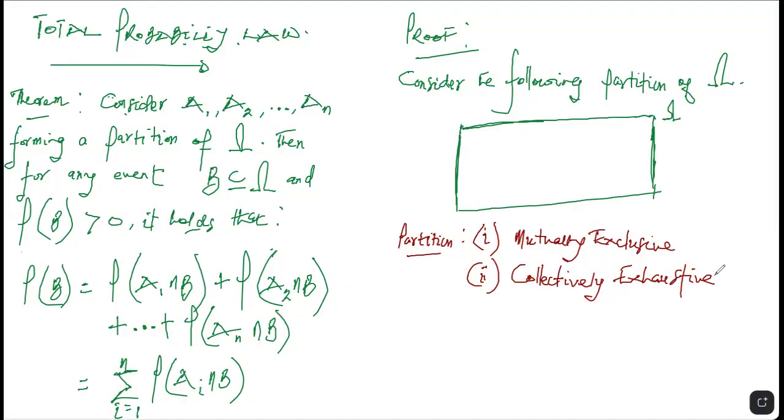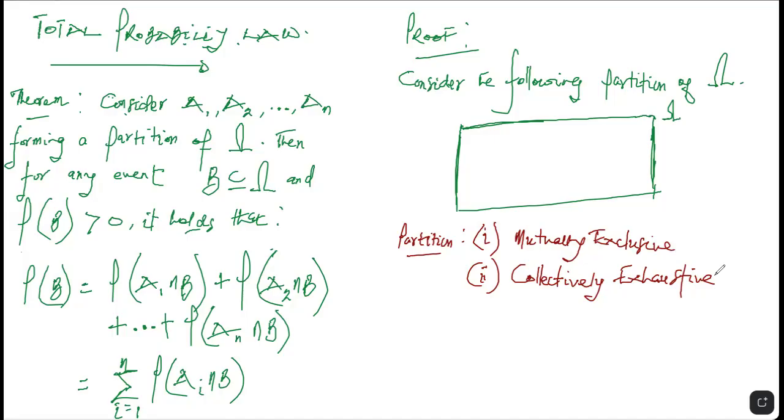So that is number one. They are mutually exclusive, meaning that your kitchen and your bedroom don't have any overlaps, the living room and your bedroom do not have overlaps, and your living room and your kitchen do not have overlaps, right? So that's mutually exclusive.